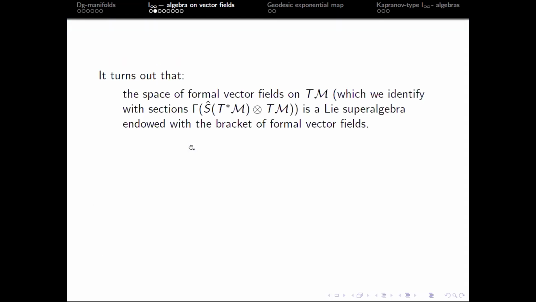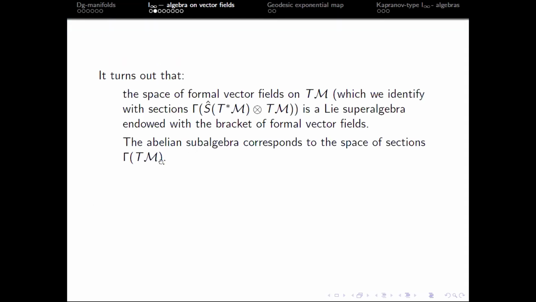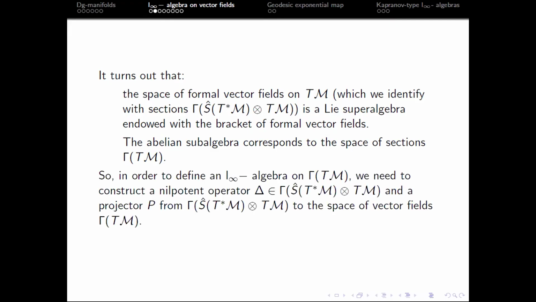Later on, I'm going to give you the definitions of what I mean by these formal vector fields on TM. Again, to define this L-infinity algebra, I need to construct this nilpotent operator inside L and this projection map.